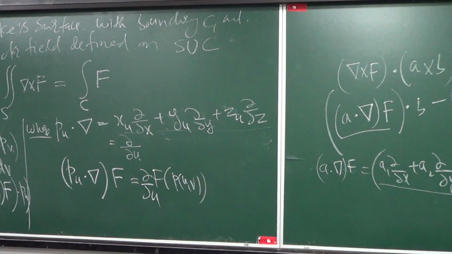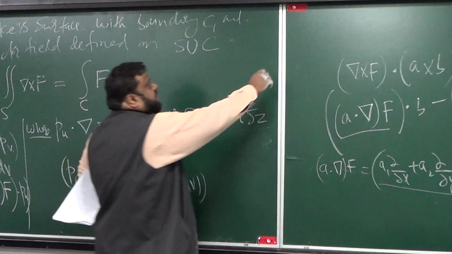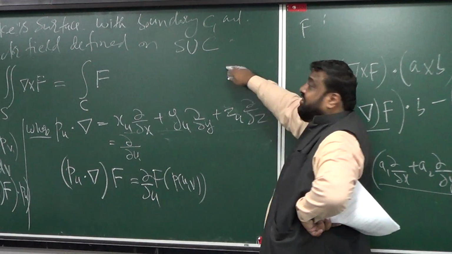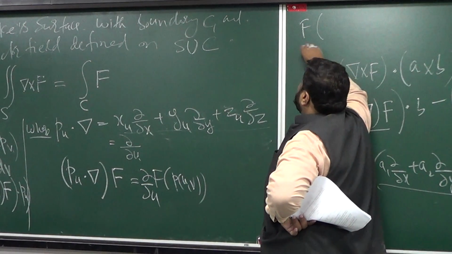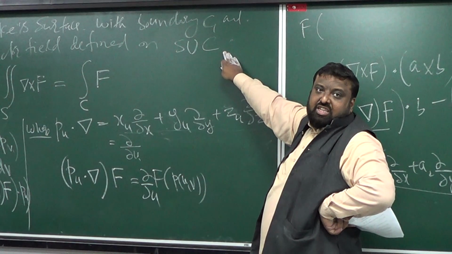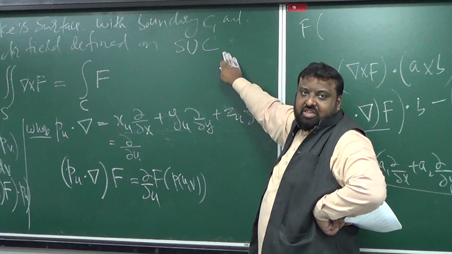Sorry, last step. Second last. So I have this f. So f is defined where? It's defined on S, you can see. So roughly f takes a point of 3 dimensions and throws it onto a point of 3 dimensions.